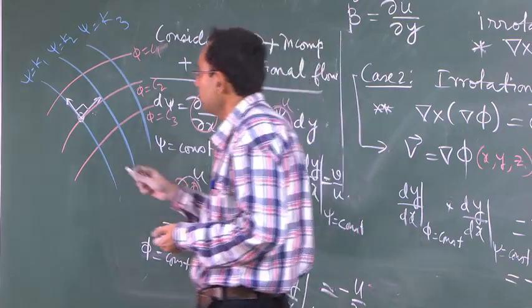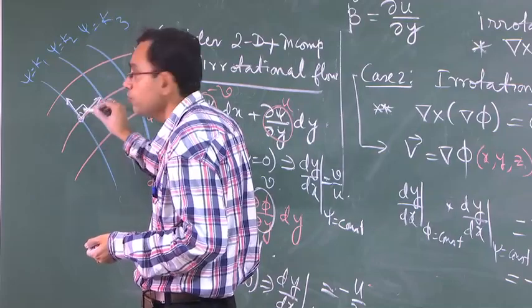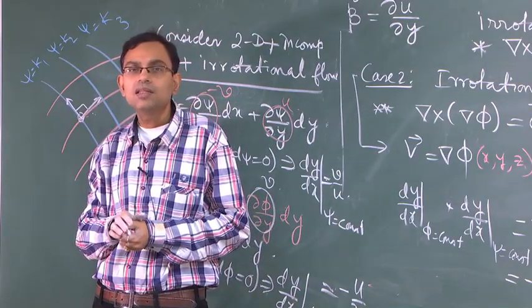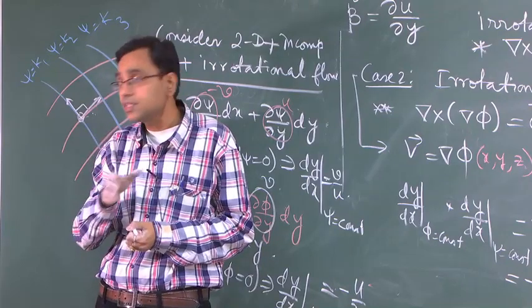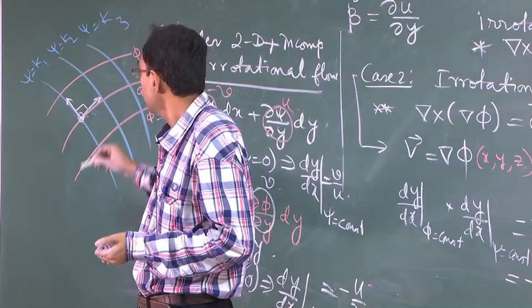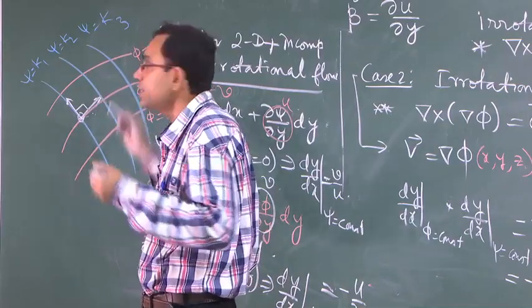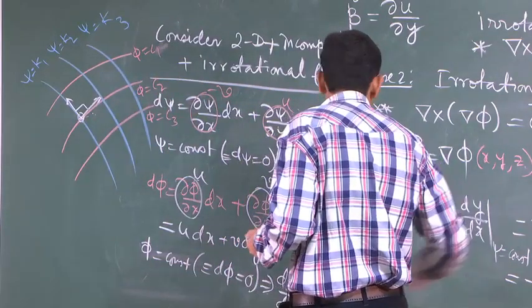So, when that occurs, that is there provided that u and v are not 0. If u and v are 0, then such a point is called a stagnation point. At the stagnation point you do not have this kind of interpretation, because there you really cannot cancel u and v.